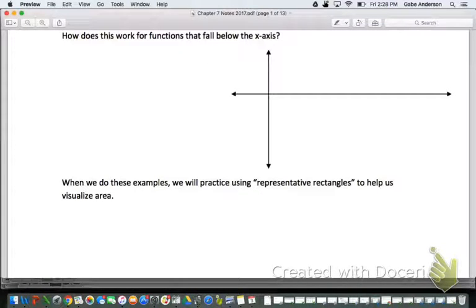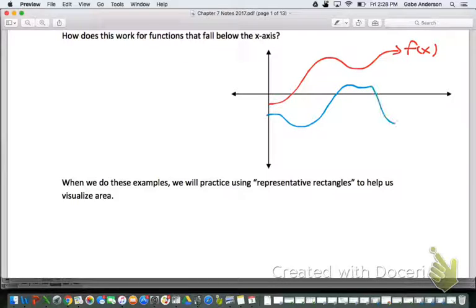So I think a legitimate question here is this one here. How does this work for functions that fall below the x-axis? So let's focus on that for a minute. If I've got f of x, and let's say f of x does a bunch of stuff, let's say it does that, and g of x is mostly below.